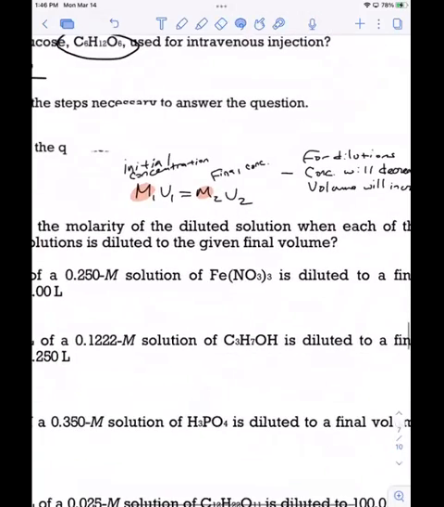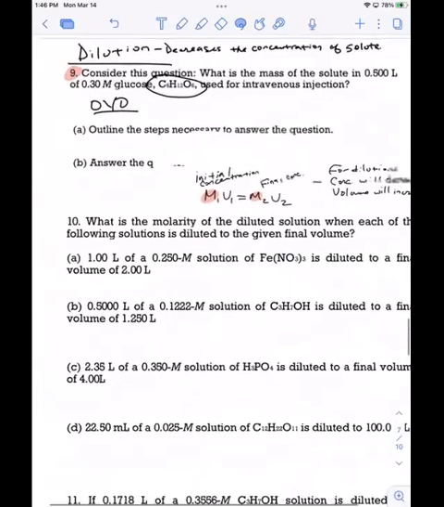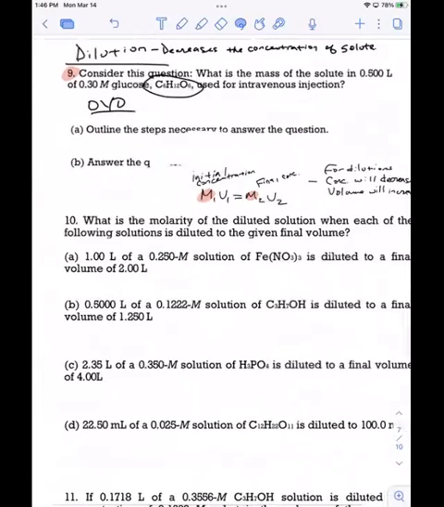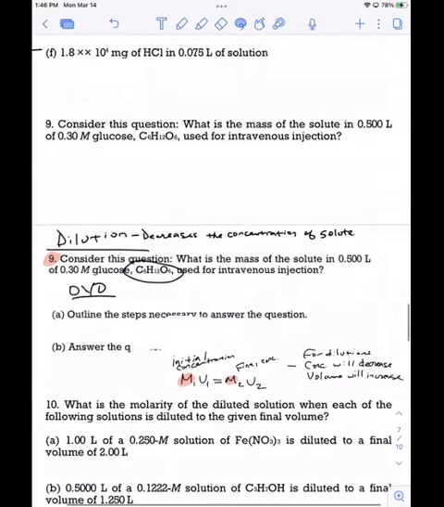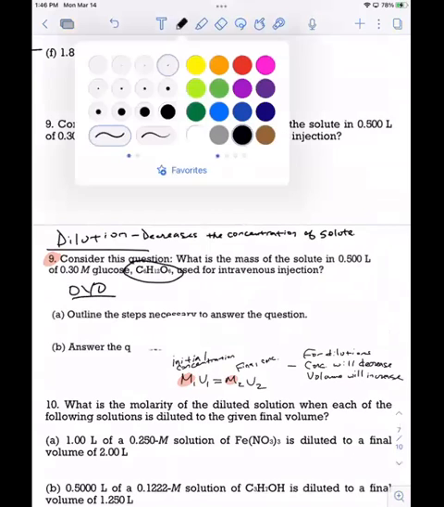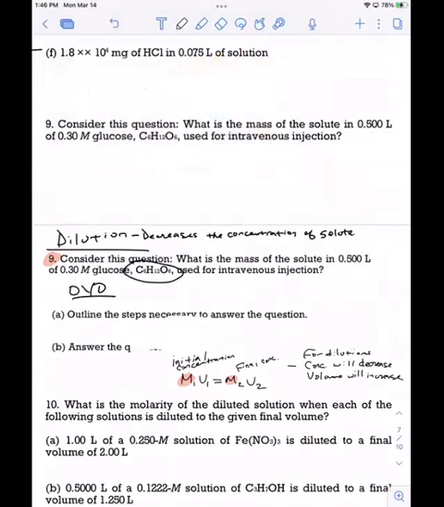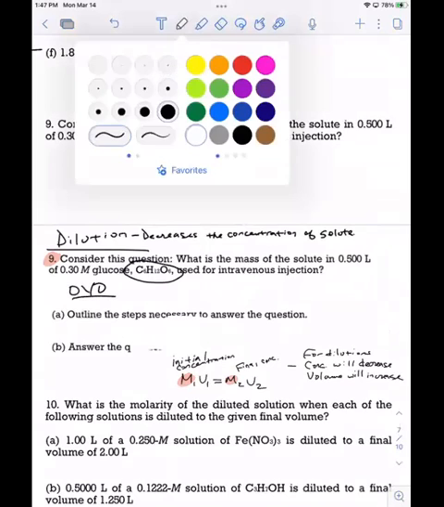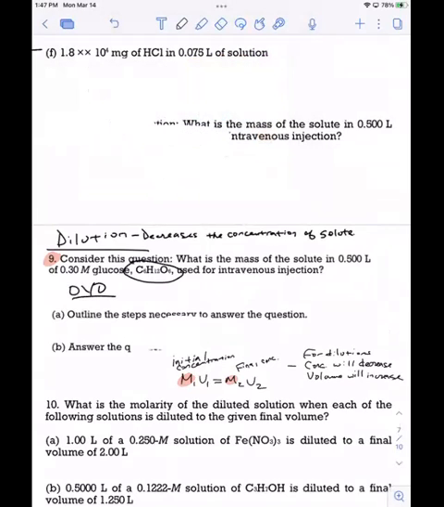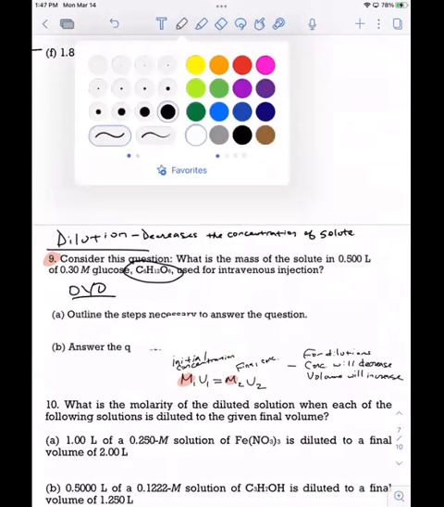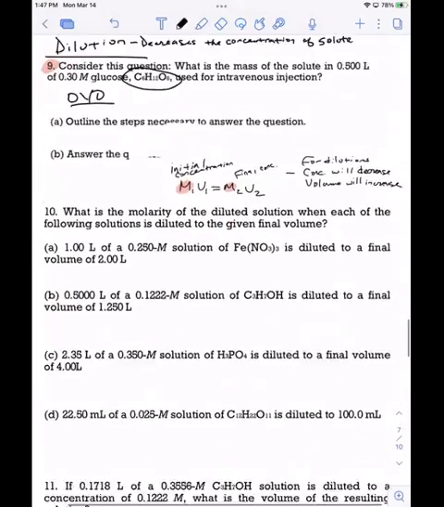All these problems will follow the same format. So let's look at A, number 10A.